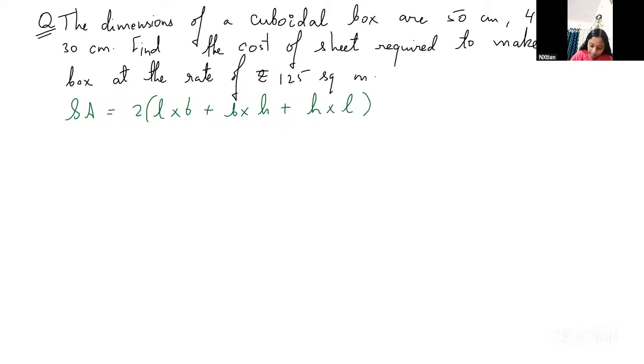Solve this and tell me what will be the surface area.